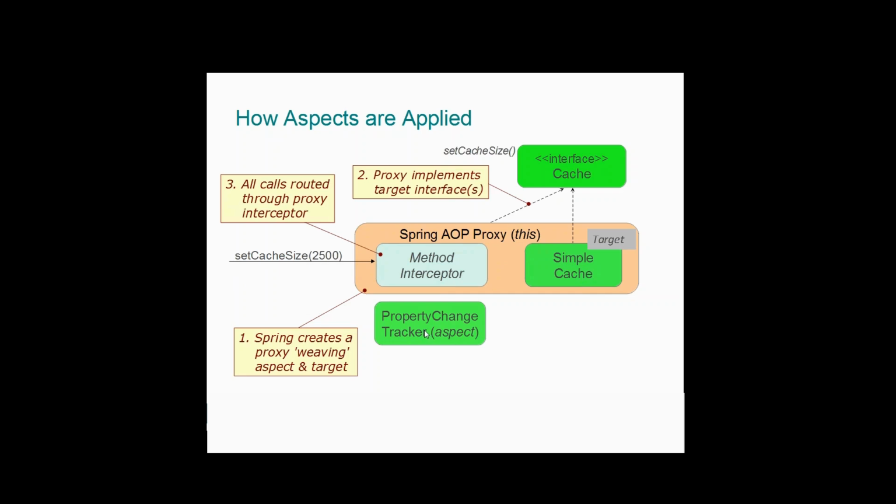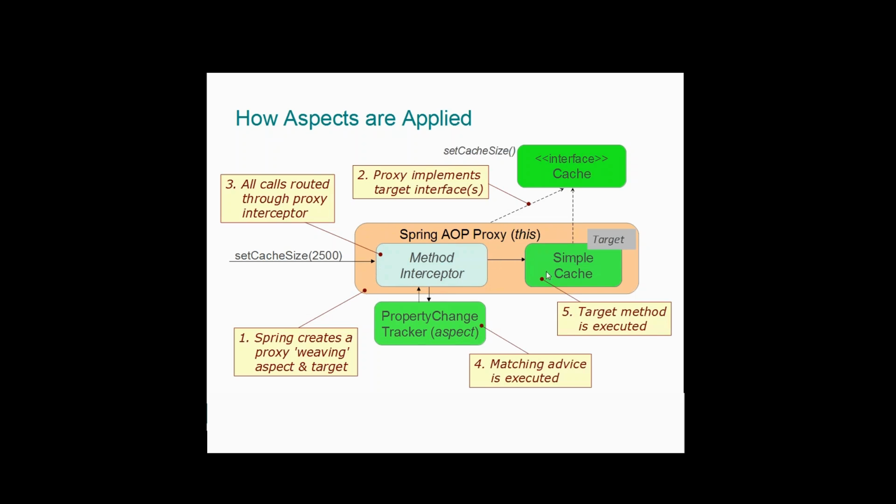If it matches, then it will invoke the property change tracker's trackChange method, and then come back and invoke the simple cache method, so the setCacheSize method gets invoked.